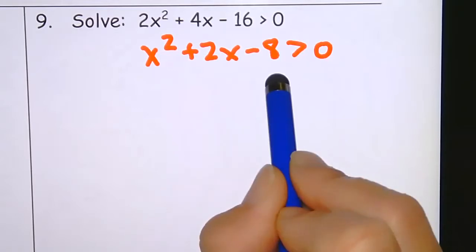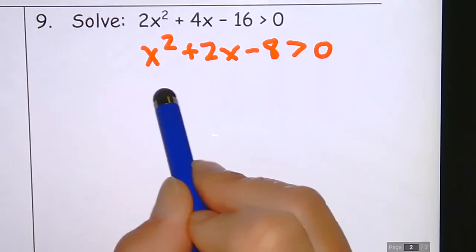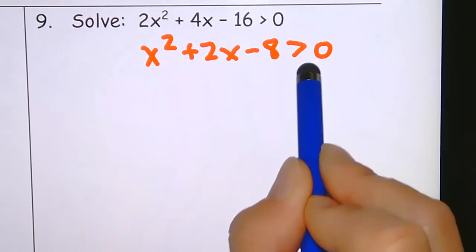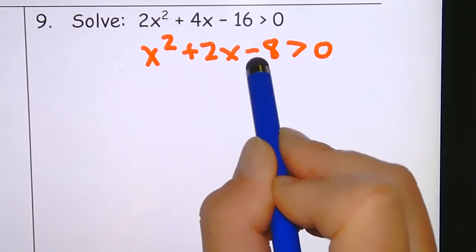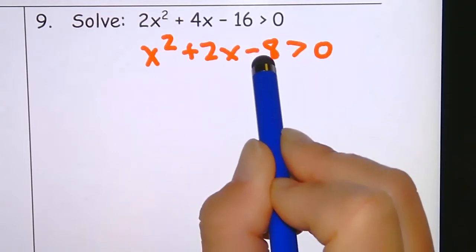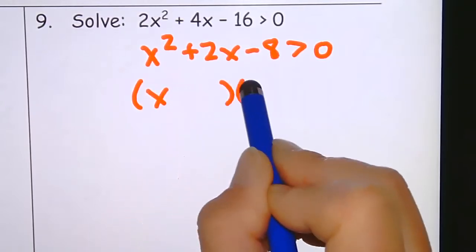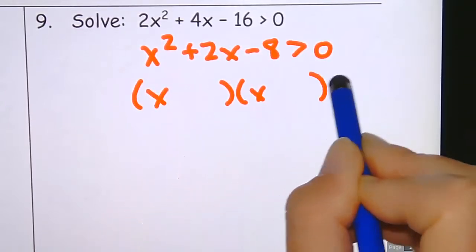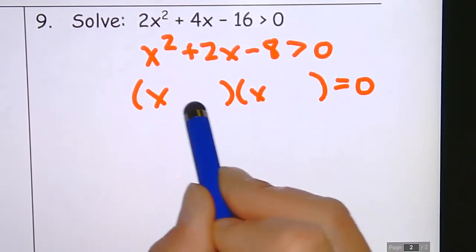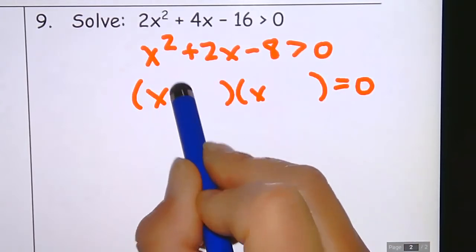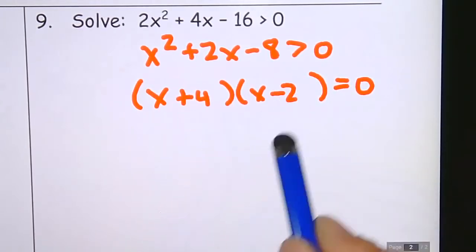This is what I'm solving. Now, what I'm going to do at this point is I'm really going to find my boundary points. What makes this equal 0? So I really want to ask myself, okay, what multiplies to negative 8 and adds to 2? So this is going to be an x, and I'm going to try to find my zeros, okay? So that's going to be a positive 4 and a negative 2.